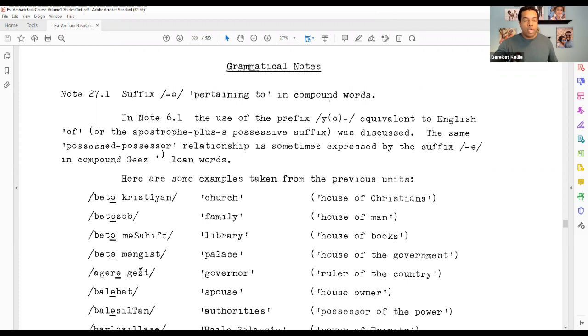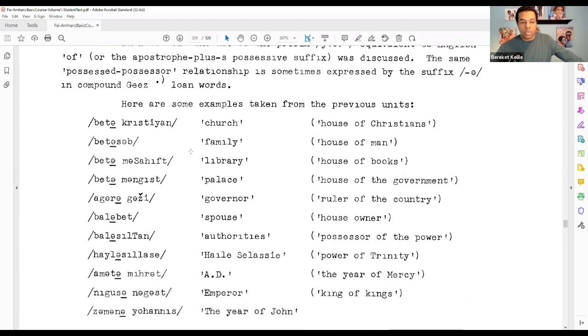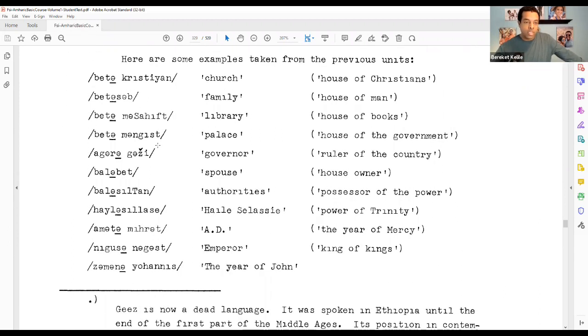It points us back to note 6.1, where we saw the prefix ya, which was equivalent to the English "of," with that possessor-possessed relationship. Here, the suffix is essentially the same thing, just a different form, and you're seeing it with words that are borrowed from Ge'ez.